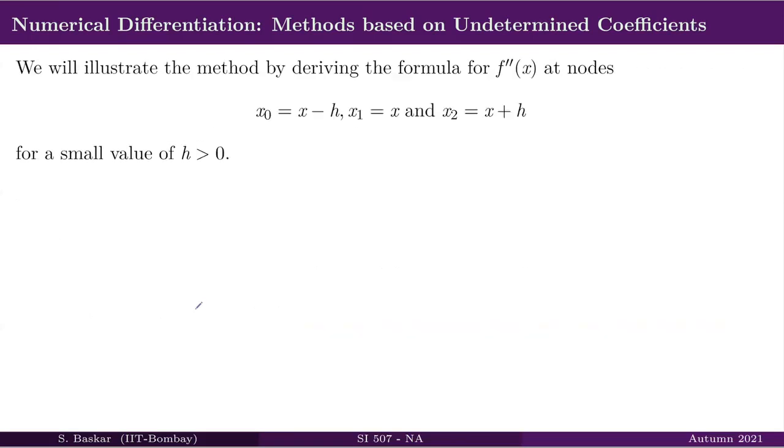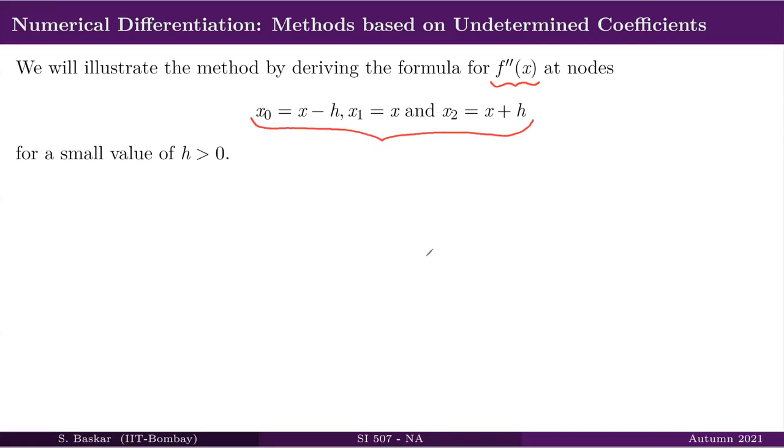So let us illustrate this idea with a particular case of obtaining a finite difference method for the second derivative of the function f at a point x with nodes as x minus h, x and x plus h. Remember, if we have a set of nodes of this structure, generally such formulas are called central difference formulas.